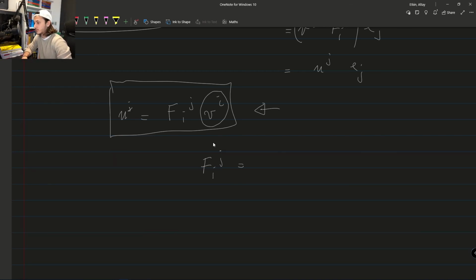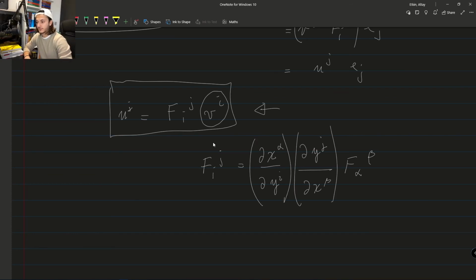For example, this would be dx over dy, say. And so we would have dyi here, and this one would have an alpha. And then here we will have a dyj over dx beta, F alpha beta. And so you can see that this is how they transform themselves.